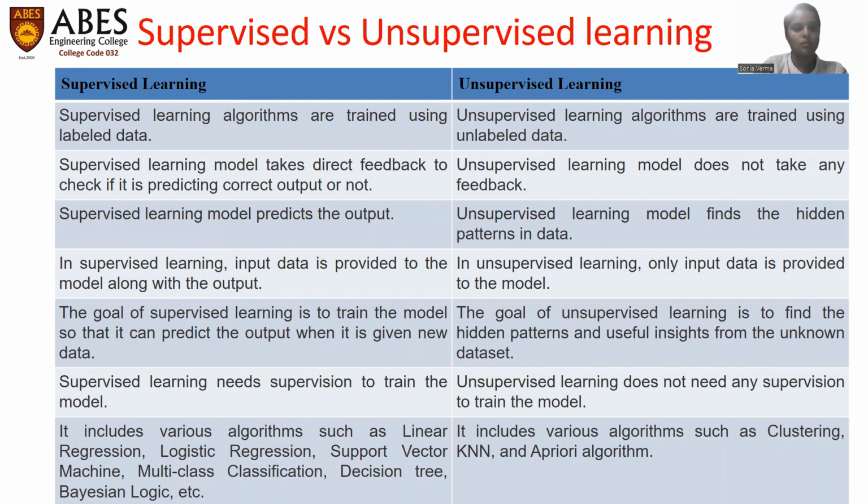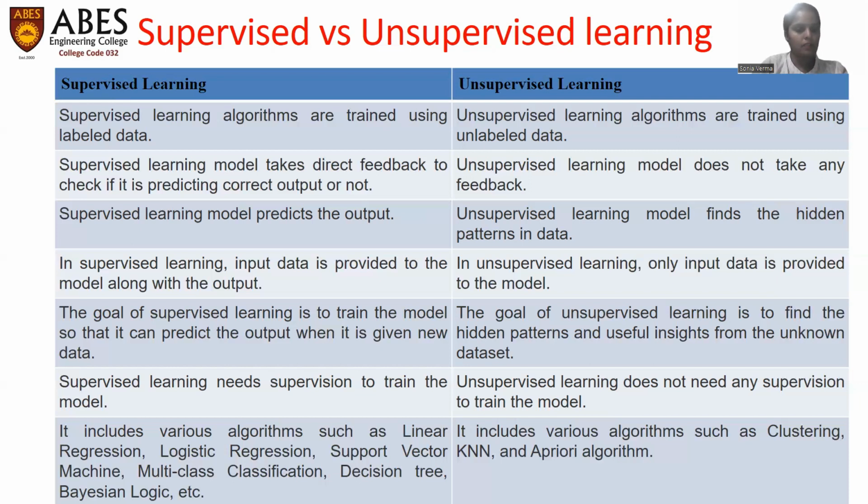In supervised learning, the model predicts the output, but in unsupervised learning it finds the hidden patterns in the data. In supervised learning, the input data is provided to the model along with the output, but here only the input is provided to the model.